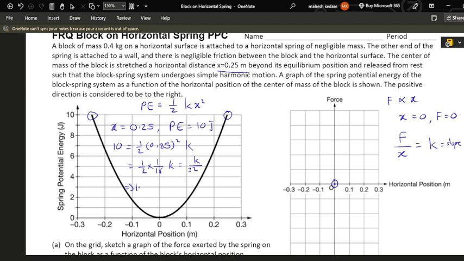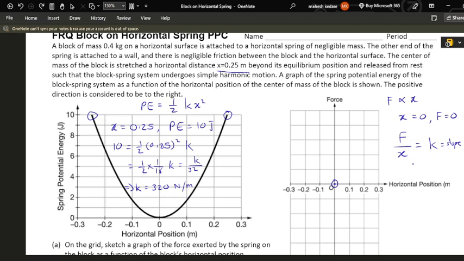Finally this gives k equal to 320. The unit of k will be Newton per meter, as obtained from its definition, force upon x, Newton per meter. So k is equal to 320 Newton per meter.